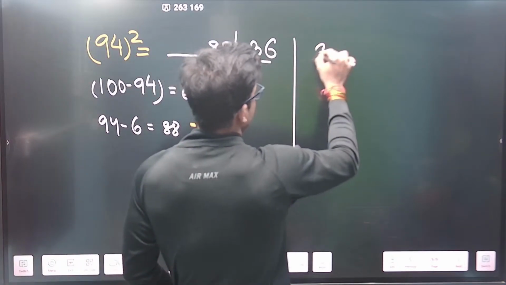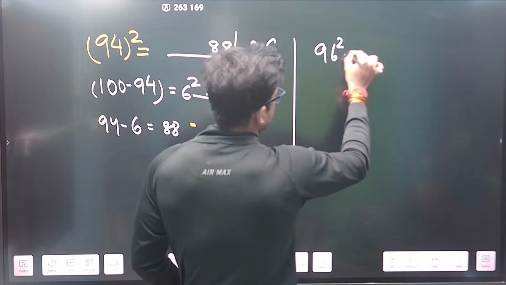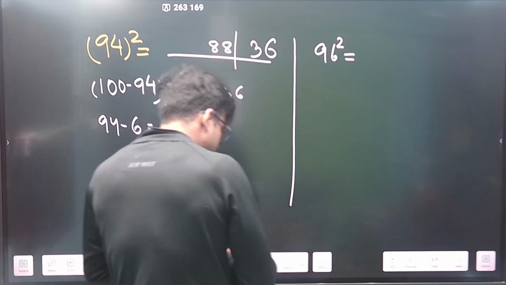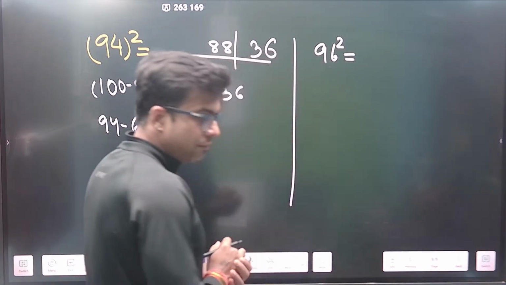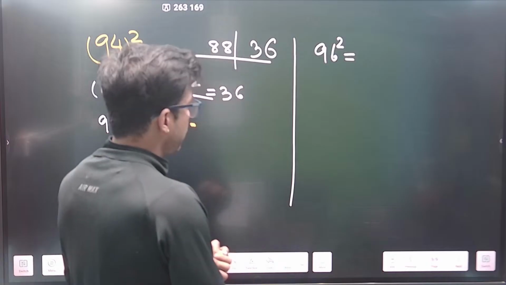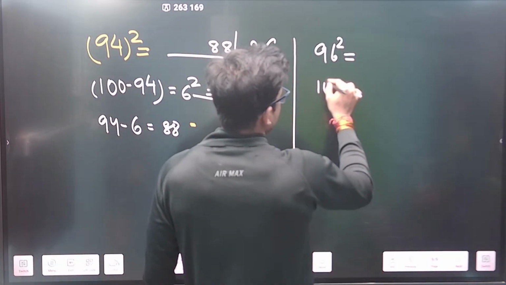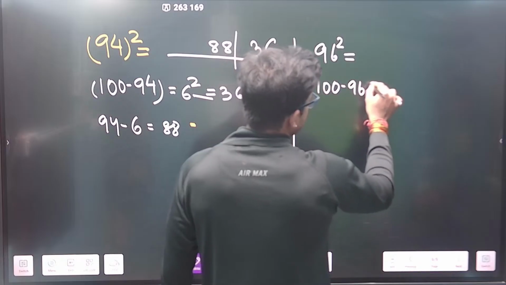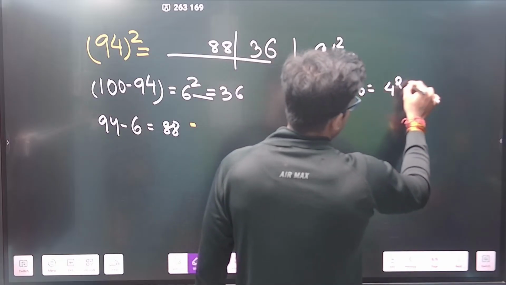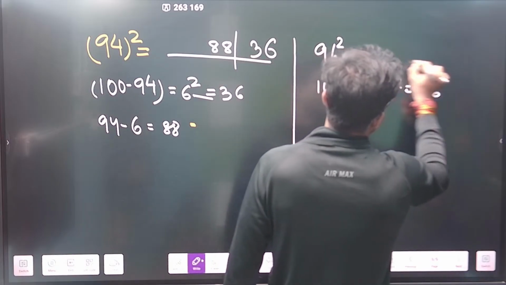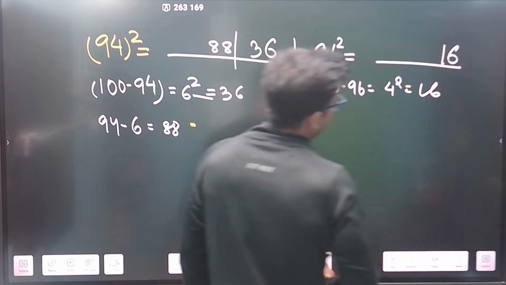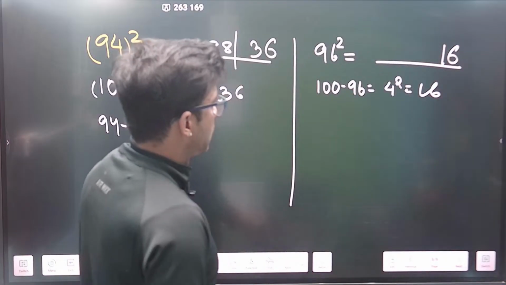Come on, figure it out. Try on your own also, because that will help you a lot. Now the square of 96: 100 minus 96 is 4. The square of 4 is 16, so write down 16 over here.